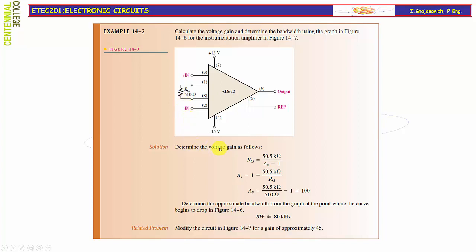In this case, applying the formula supplied by the manufacturer, the gain will be 50.5 kilo ohms over the value of RG, which in this case will be 100. Looking now back into figure 14-6, where I presented the gain versus frequency, for the given value of 100 gain, you can estimate the bandwidth to be around 80 kilohertz.